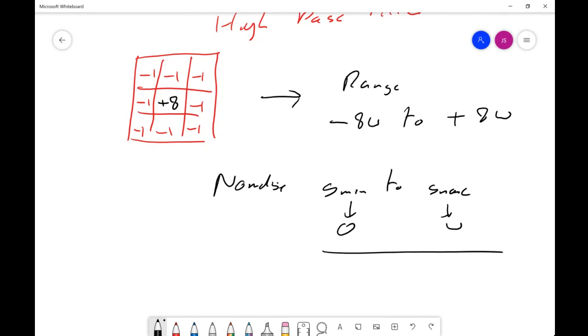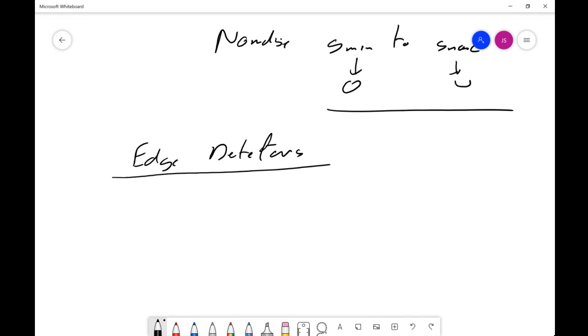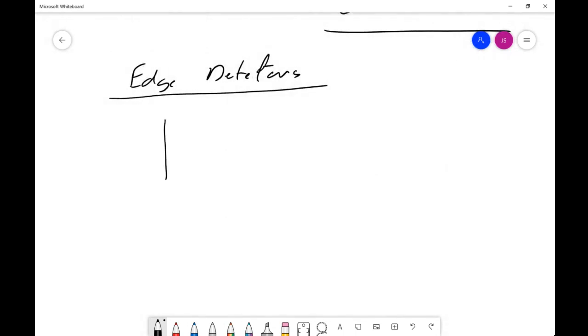And then finally, to complete it, I've got 2 minutes left, the edge detectors. And these are a class of windows. They start off with the simplest, which is the Roberts.